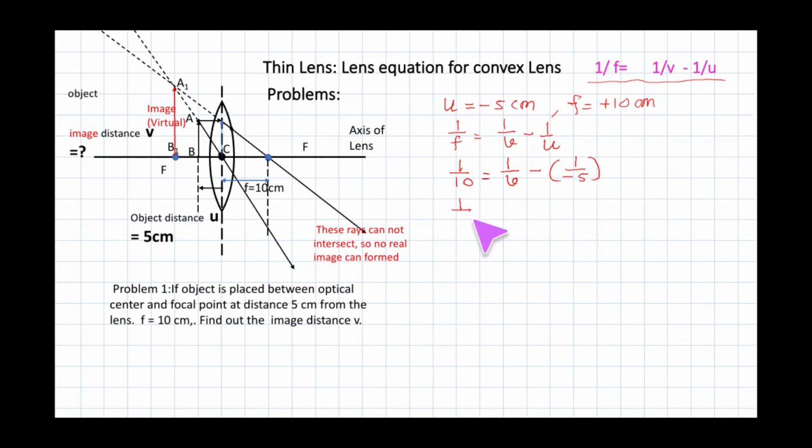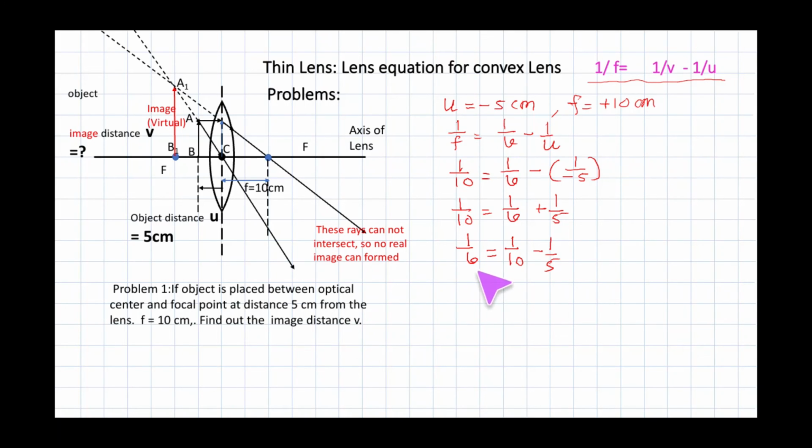So obviously 1 upon 10 is equal to 1 upon v, here it is minus minus plus, that is 1 upon 5. Therefore 1 upon v is equal to 1 upon 10 minus 1 upon 5.